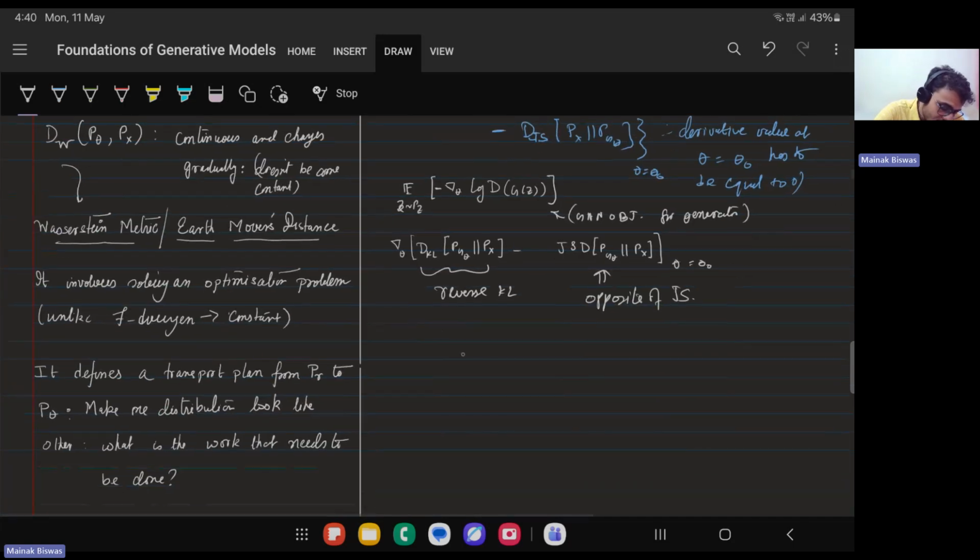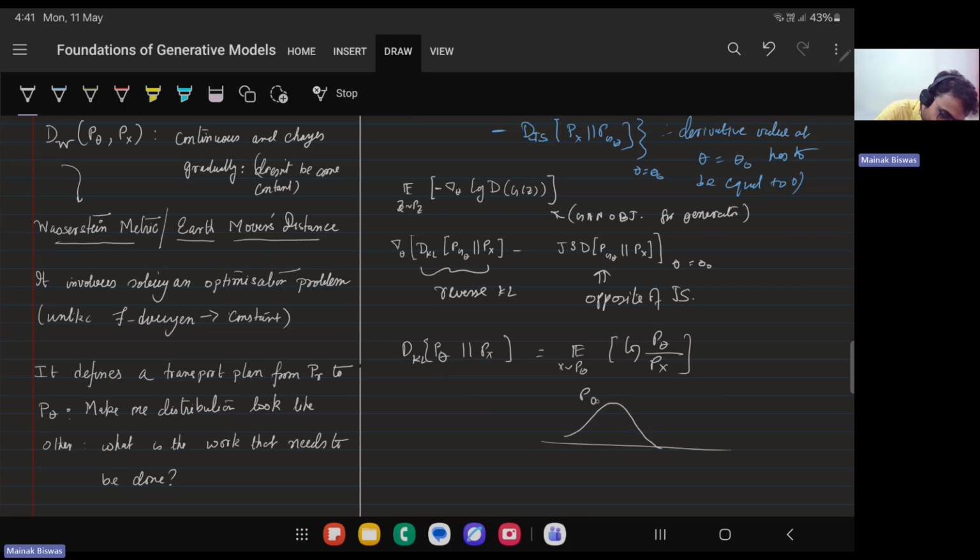So we know that reverse KL, if my p_theta and p_x are defined this way, is defined by the expected value of x being sampled from p_theta, log of p_theta by p_x, right? So now we can clearly see something like this happens.